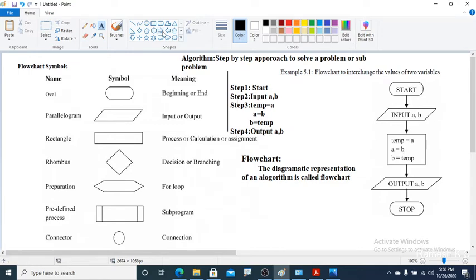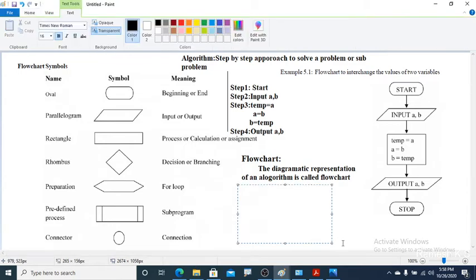So how many types of flowcharts do we have? There are two types of flowcharts: one is the program flowchart and the second one is the system flowchart.